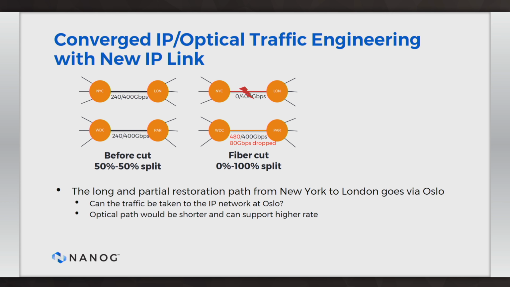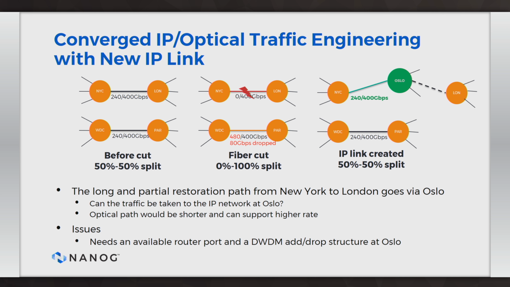In the third case, in the third example, the partial restoration path between New York and London was very long, right? It went through Montreal, Iceland, and Oslo, then the rest of Europe all the way to London. What if we find a router port at Oslo and bring a new IP link to the network between New York and Oslo?